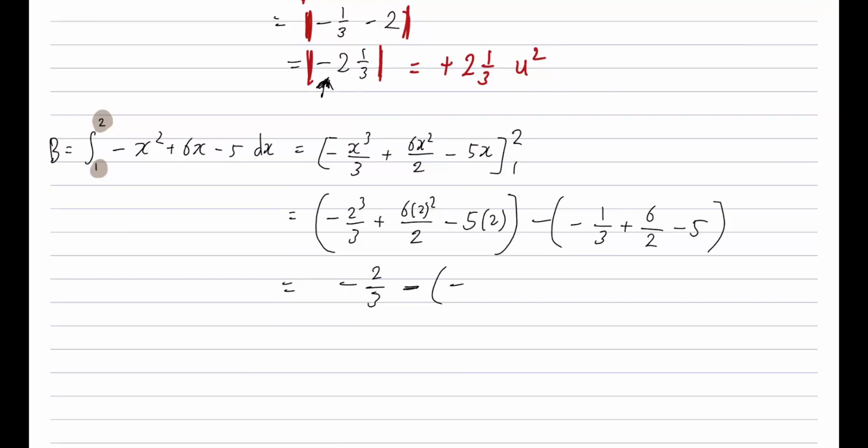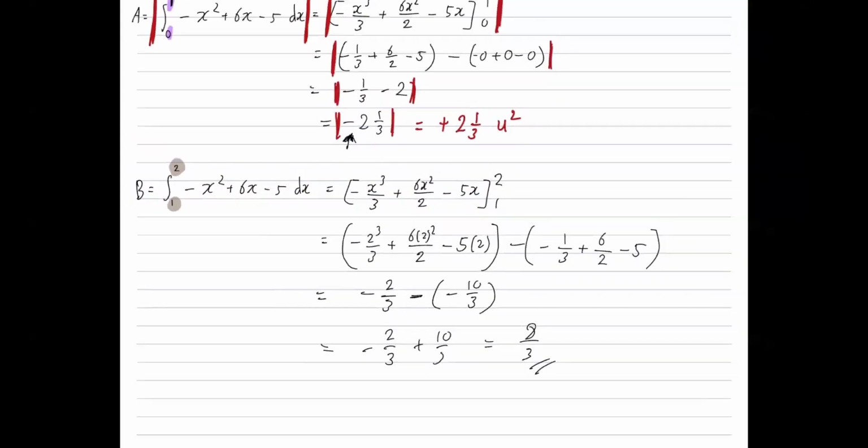This is minus 10 over 3. So minus 10 over 3, I have to times negative 1, which gives me positive 10 over 3. And then minus 2 over 3, which is equal to 8 over 3. That's the answer for B. Can understand?